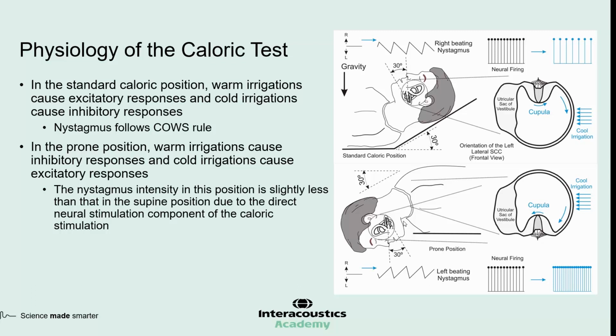If you change the patient's orientation from the standard caloric position to the prone position, if the nystagmus changed direction, we knew that there was a caloric response. If the nystagmus did not change direction, we knew that there was spontaneous nystagmus.